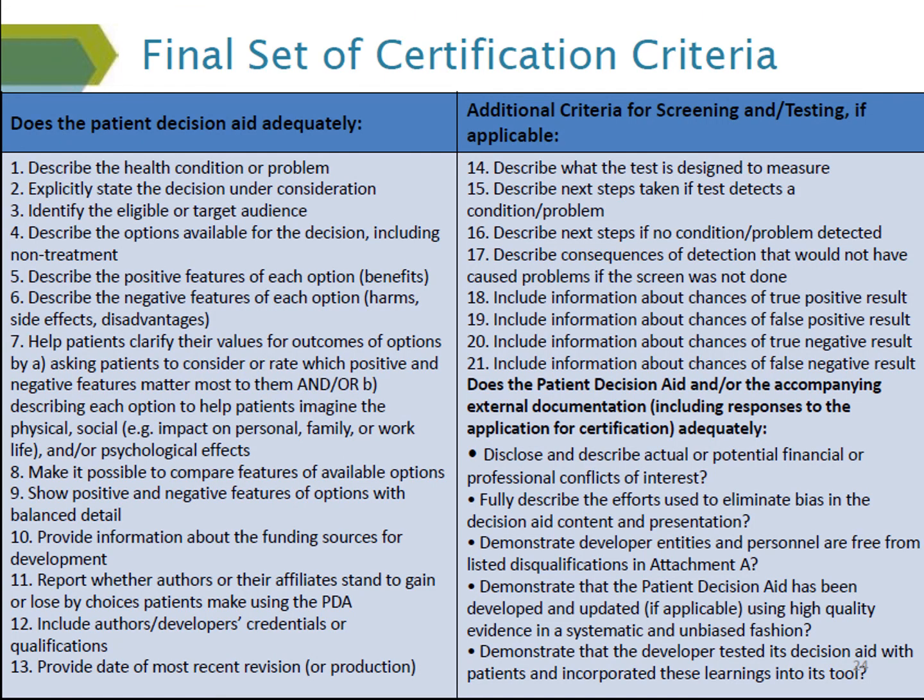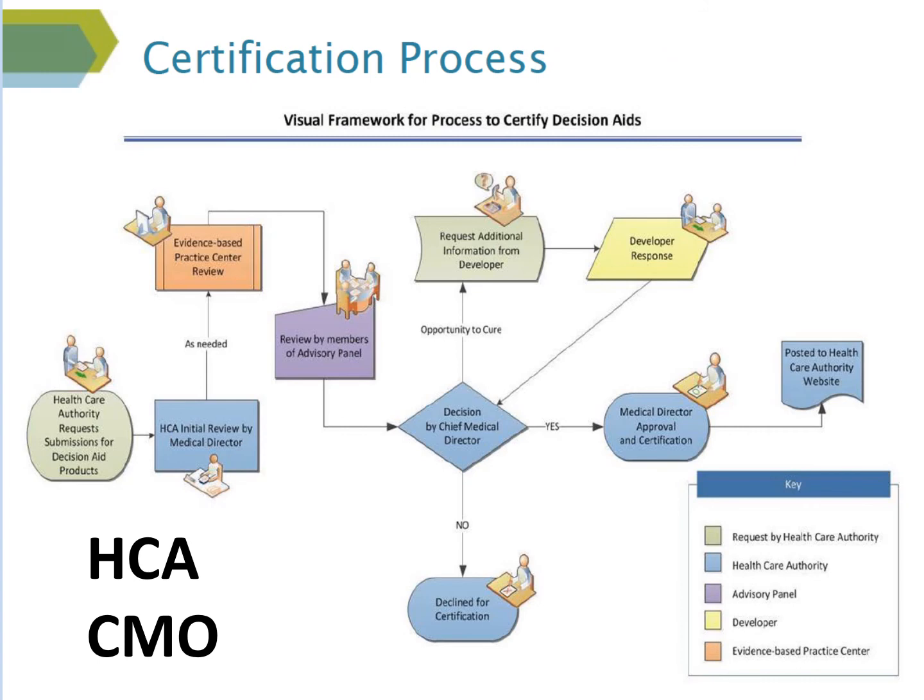So they've drafted certification criteria. They have a process for certification in their state healthcare authority. They even use the process, use the criteria to actually certify decision aids, and they've actually certified some.